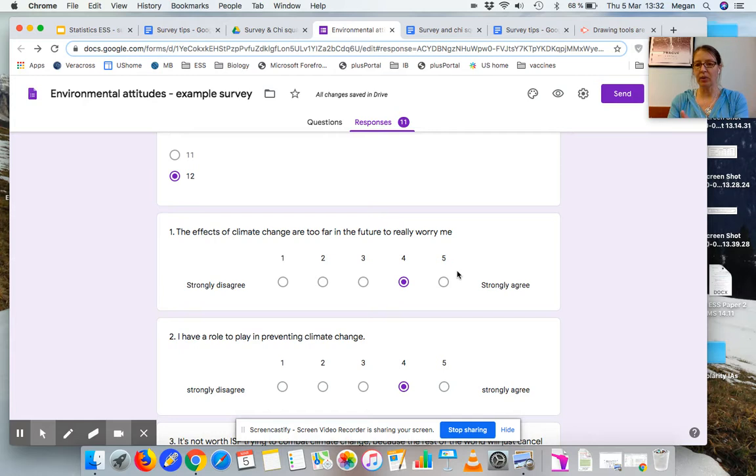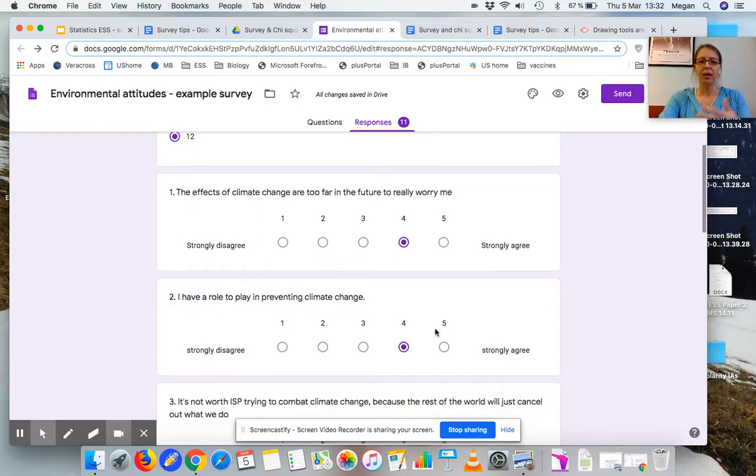So you would put anyone who did a 4 or 5 into not worried, a 3 into ambivalent, and a 1 or a 2, oh, actually I am worried. In the next one, I have a role to play in preventing climate change, if you strongly agree with that, then hey, you probably are worried about it if you're planning on doing something about it. Ambivalent, or no, you know what, I don't have a role to play.